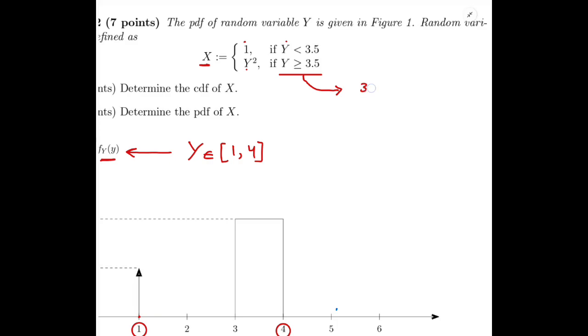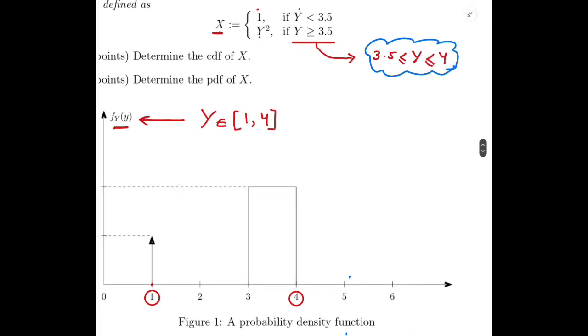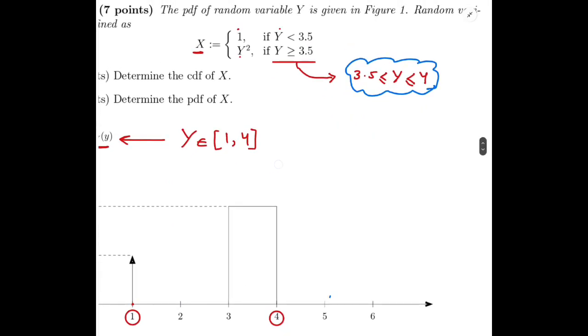So this can be written as 3.5 less than or equal to y and less than or equal to 4. This is one of the tricks that many students will not be able to figure out right away. So we need to make sure that we always consider where y is defined.